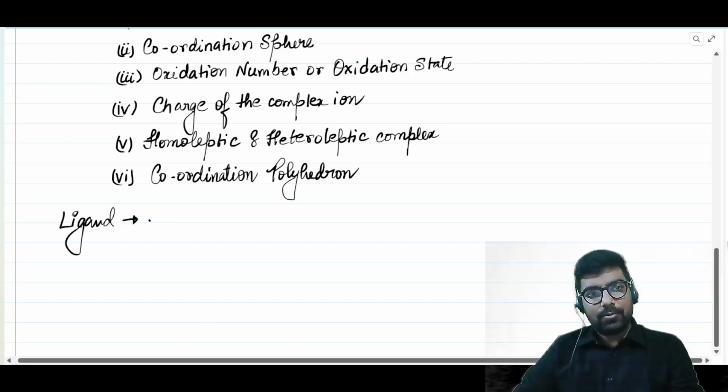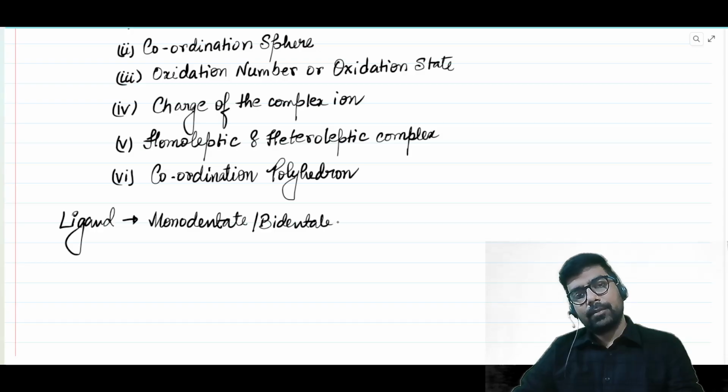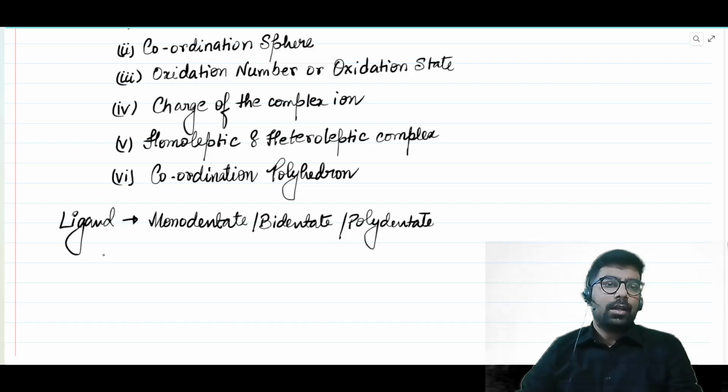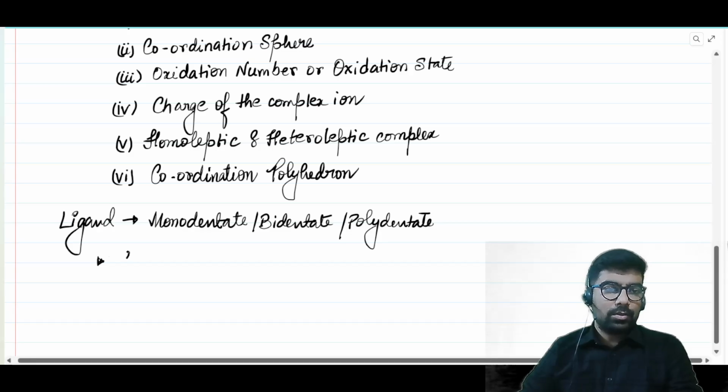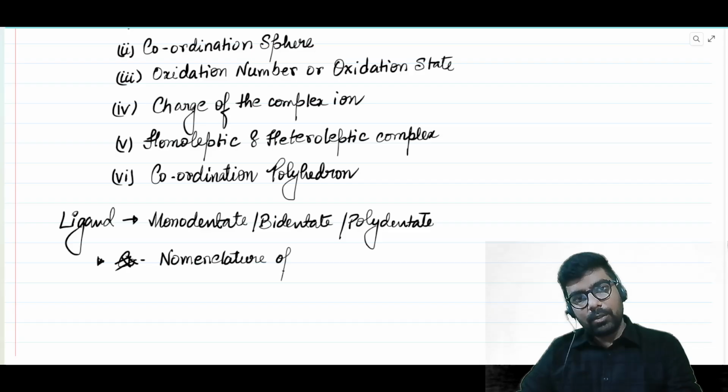Ligands that are monodentate, bidentate, or polydentate. Okay, and then finally we will do the nomenclature of the complexes.